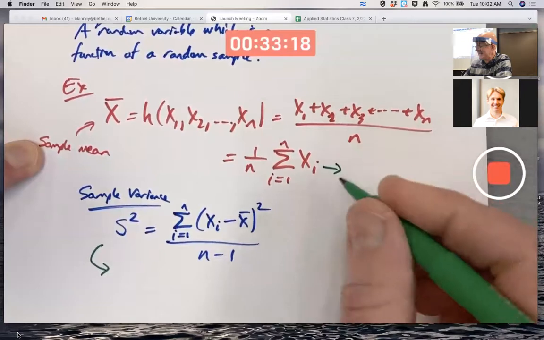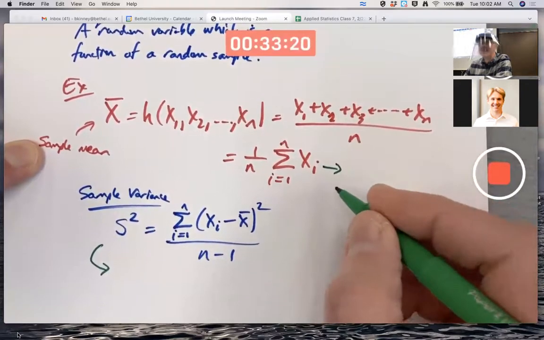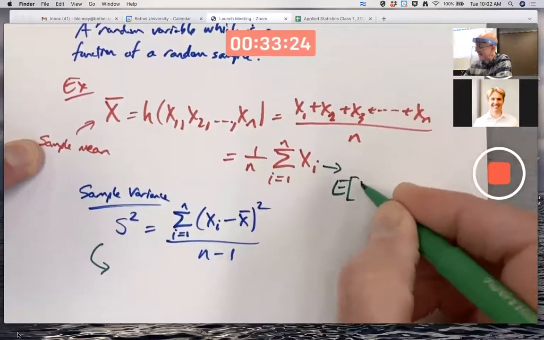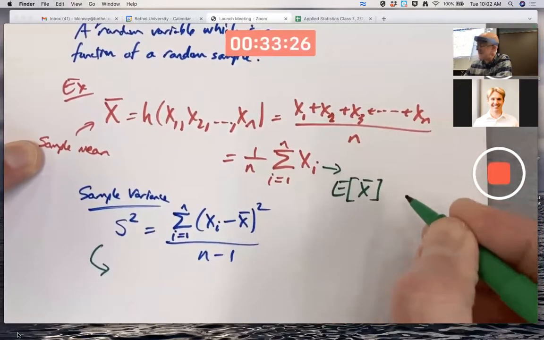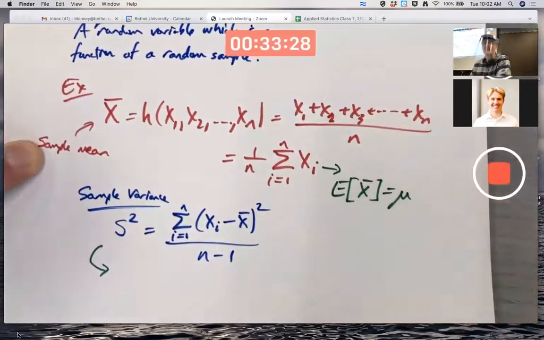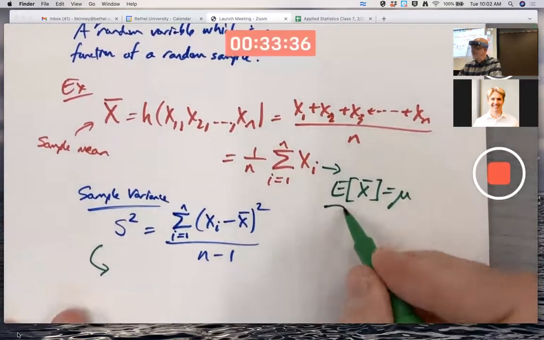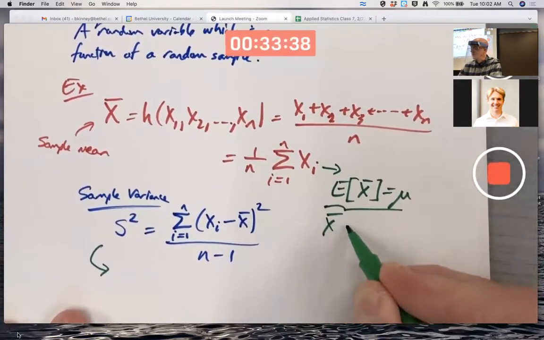You're right. The mean of the mean is the mean. The mean, expected value, of the mean, X bar, is the mean, mu. That's not a crazy equation. That's a very fundamental equation. It means X bar is an unbiased estimator for mu.